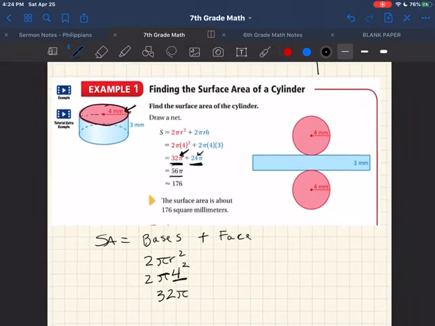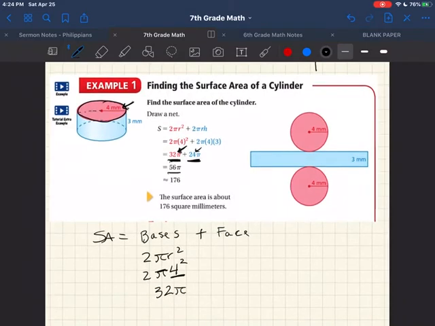So our face is 2, and we have to remember, this is a formula. I'm not making this up. You don't have to figure this out. This is a formula, okay? 2 pi r h. So 2 and pi are given.